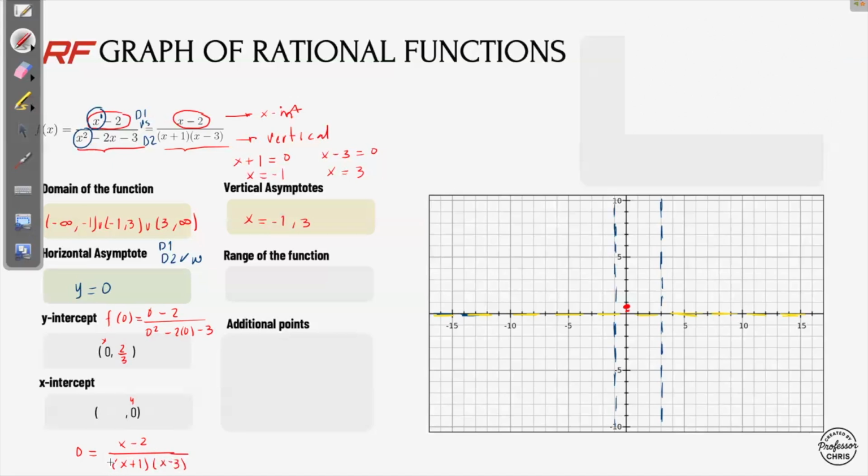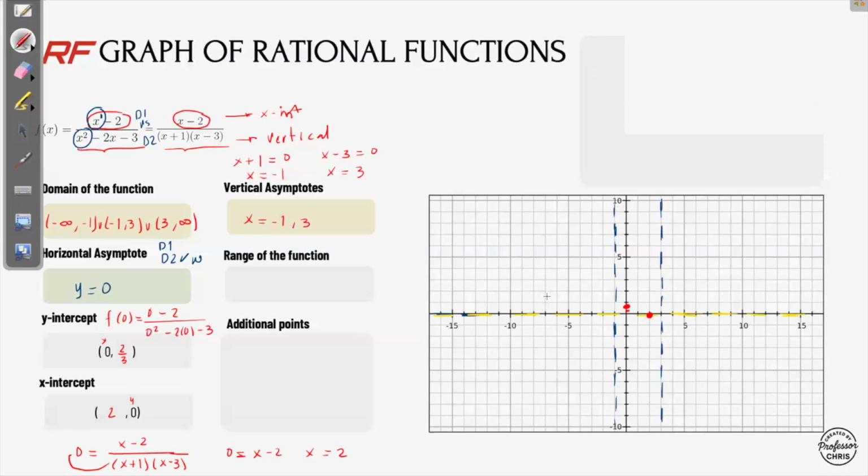And as you can tell, when we multiply everything by x plus 1 and x minus 3, you're going to be left with 0 is equal to x minus 2, and x being equal to 2. So basically just solve for the x in the numerator. So you get 2, 0. That's 2 points in between the vertical asymptotes.